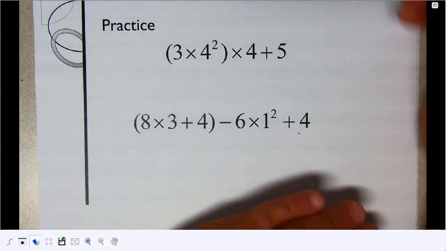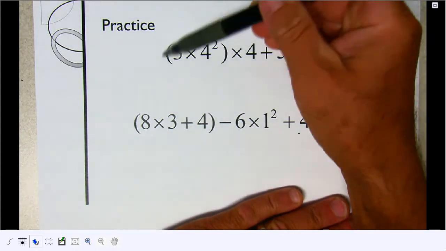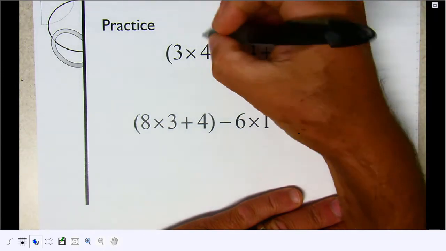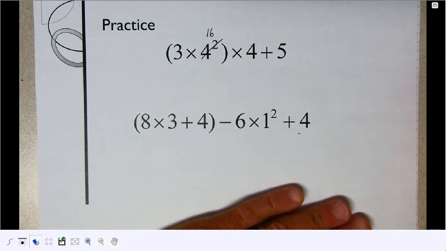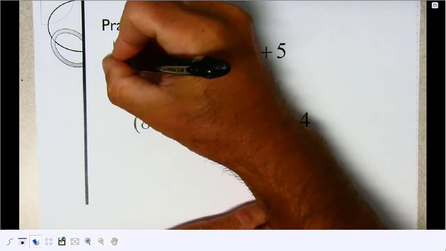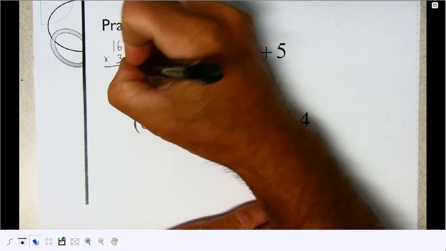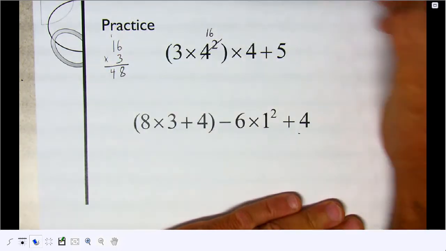Okay, here we go. For the top one, we have 3 times 4 squared times 4 plus 5. We better figure out the value of these parentheses. 4 squared, we know that that's 4 times 4, that's 16. 3 times 16, that's 48.